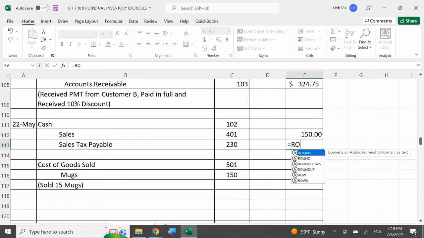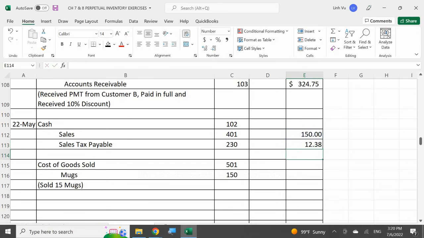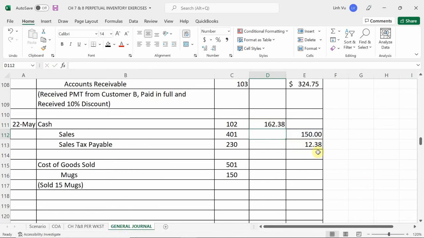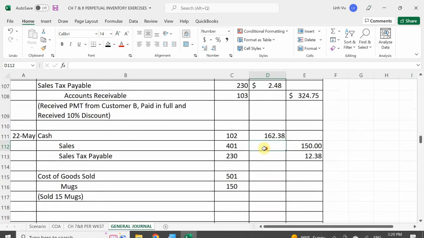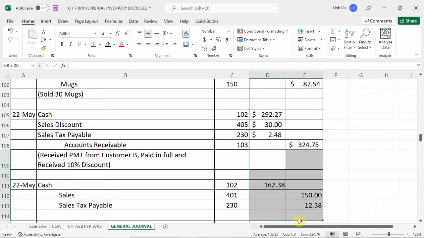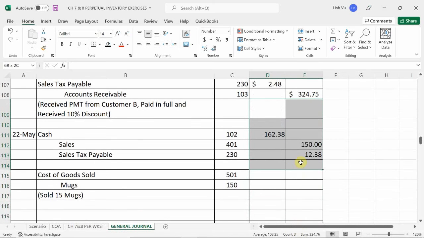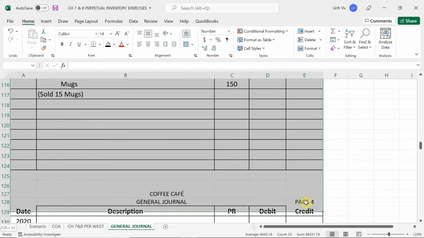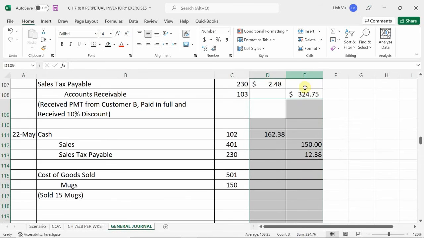How much is the tax? 12.38. So that means we should be receiving a total of $162.38 for this sale here.